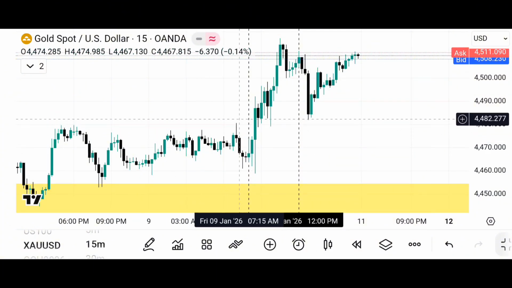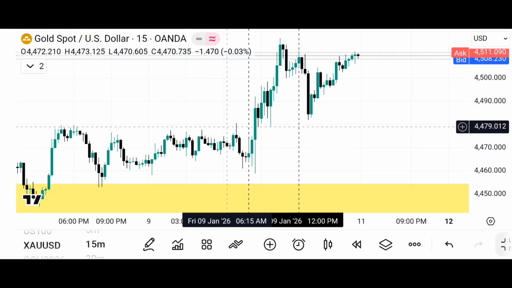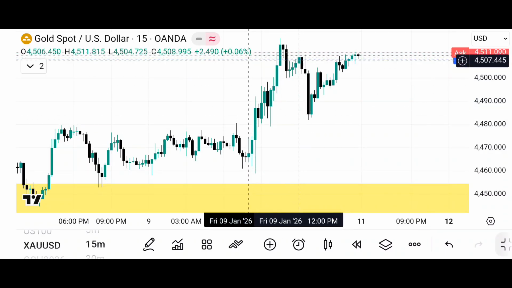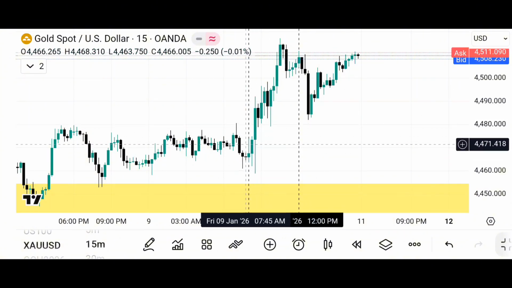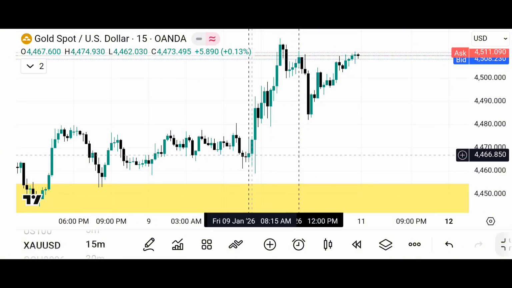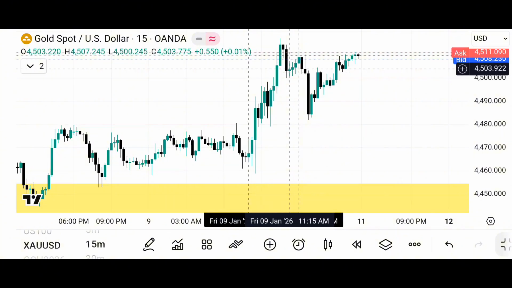So the idea of the ICT 2022 mentorship is, after knowing your bias for the day, okay, so we know this bias is bullish. If the bias is bullish, price is likely going to do a manipulation before it goes to the main direction of the day, which is bullish, which is upward.